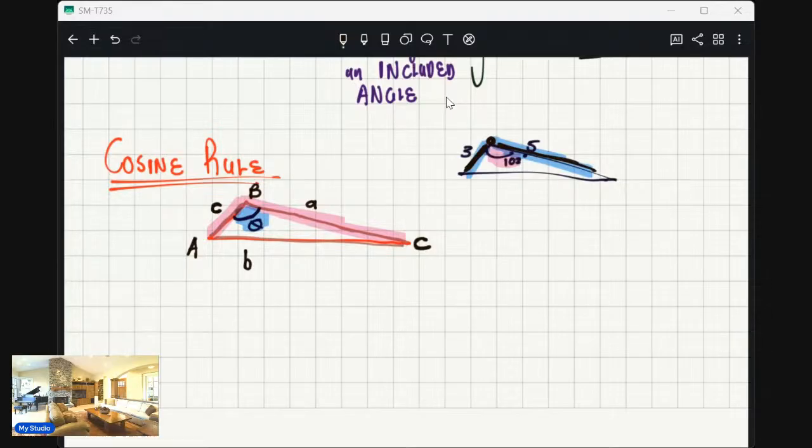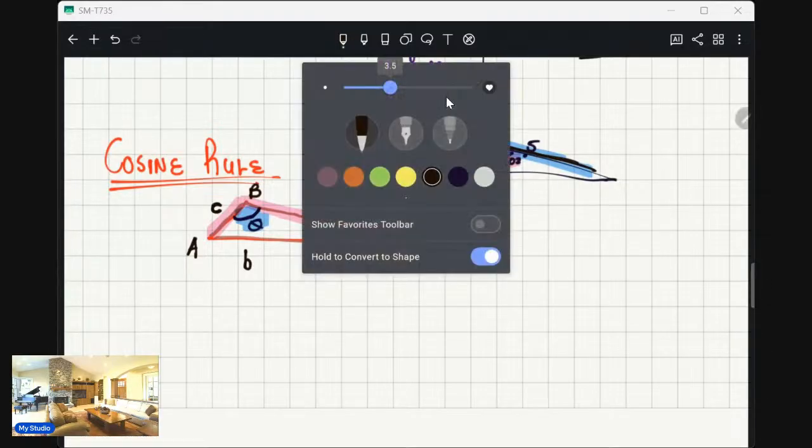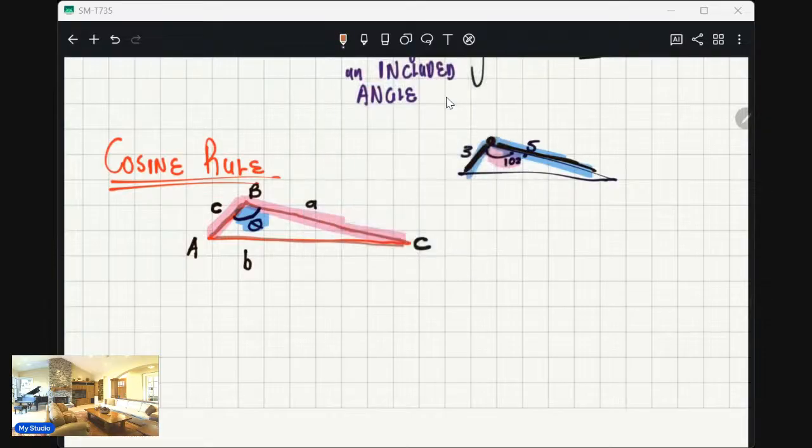So now, this included angle, what you're going to do with it is use the cosine rule. Here's what it says. It says if you want to get b, you write it this way: b squared is going to be this side.